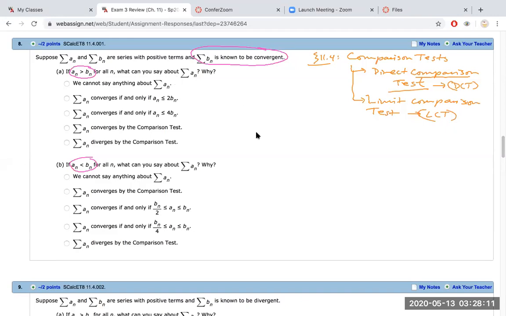So for part A, you have a sub n greater than b sub n for all n. Okay, so what that's going to mean is that the series a sub n will also be greater than the series b sub n for all n.